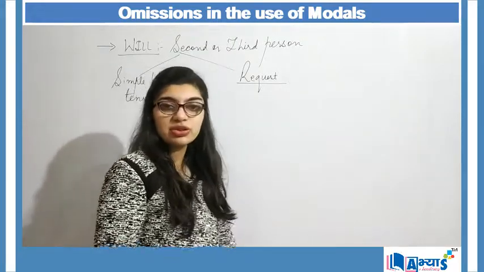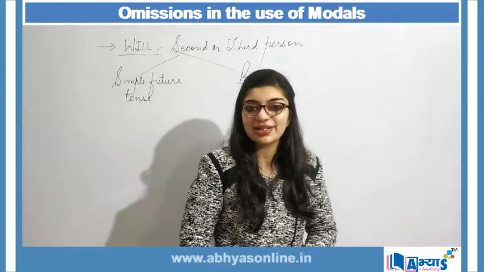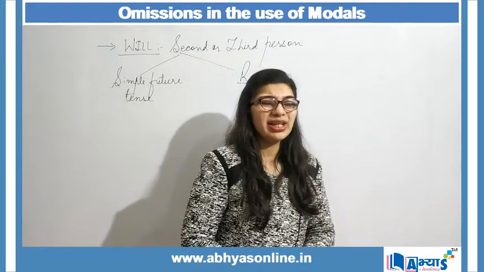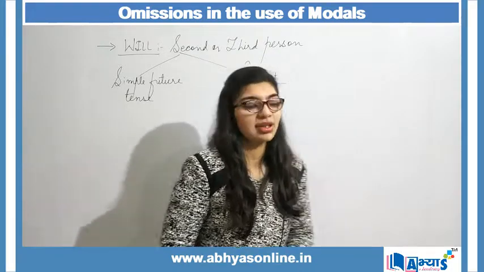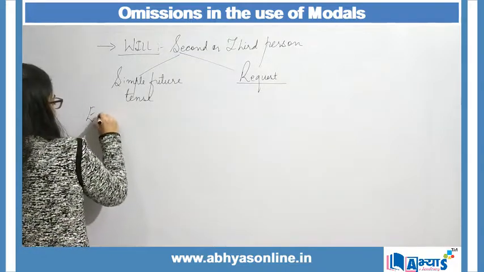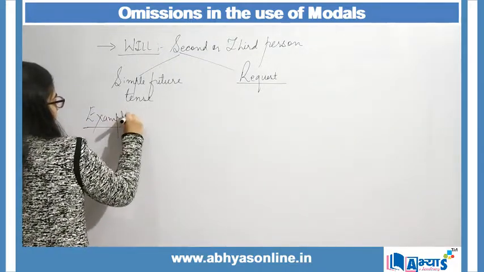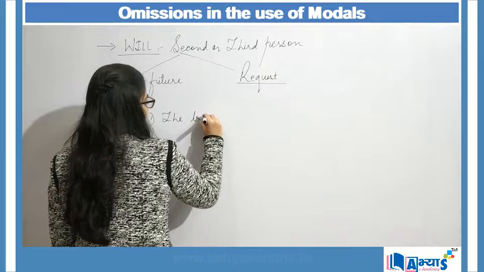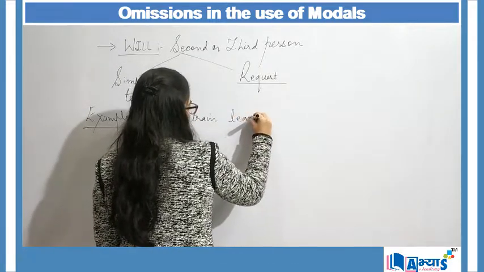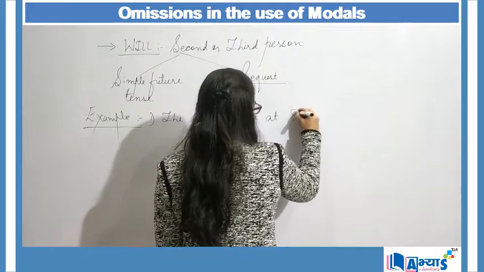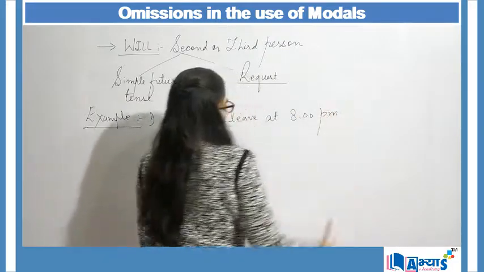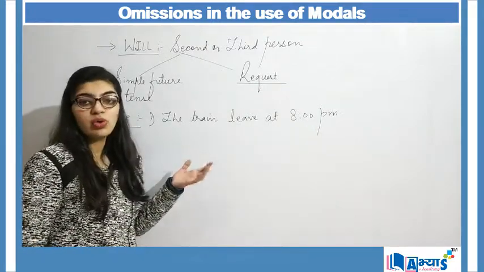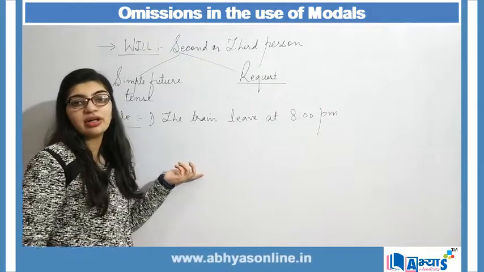Now it is very important to use the modals in order to form a correct sentence. If the modals are eliminated from the sentence, then it looks very shabby. Our sentence doesn't look perfect. So an example can be: the train leave at 8 p.m. When I say the train leave at 8 p.m., I do not know whether this is a present tense or a past tense.